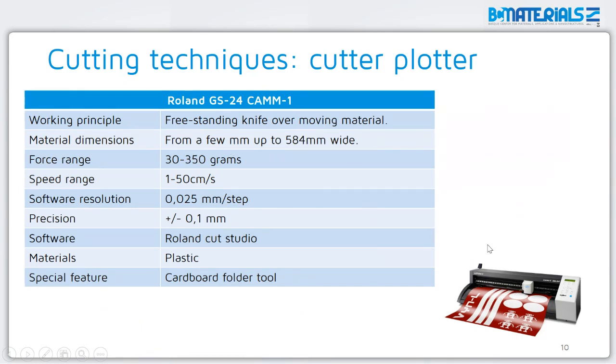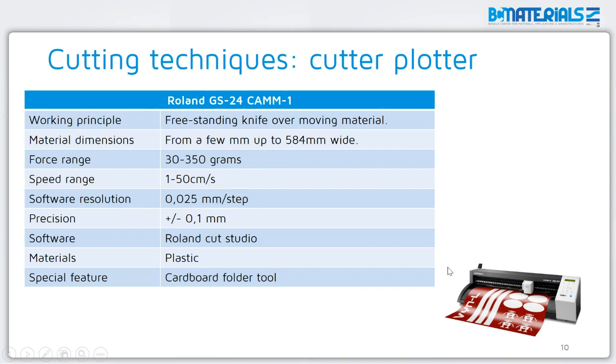You can cut materials from a few square millimeters in size up to nearly 60 centimeters by 25 meters long if you're using a roll. What are the key parameters here? The force that the blade can apply and how fast it moves.